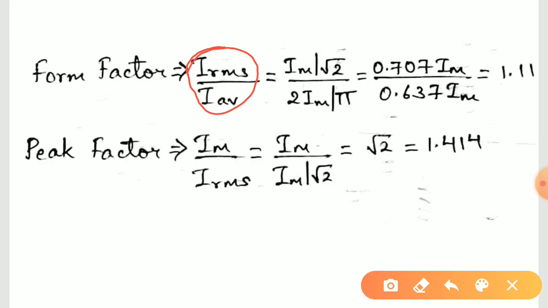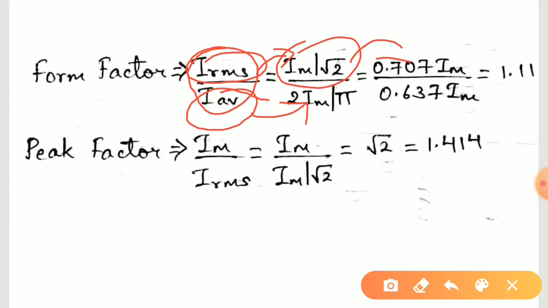If Irms value, that is the effective value or root mean square value of current, is replaced by Im upon root 2, and I average value is replaced by 2Im by pi, on solving the equations, that is 1 by root 2, which is equal to 0.707, and 2 by pi, which is equal to 0.637 Im.